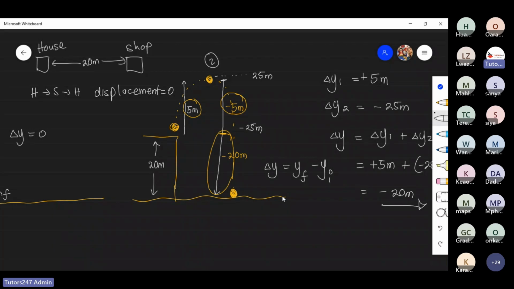So if you're working on that notion, your initial position would be on top of the building. Basically, where your initial velocity is, that's your initial position. Where your final velocity is, that is your final position. So if you use your formulas, it's just going to be 0 minus 20, resulting in -20 meters.